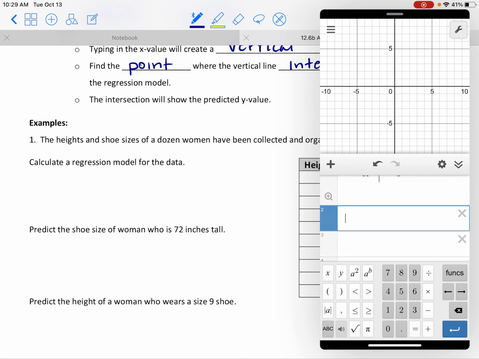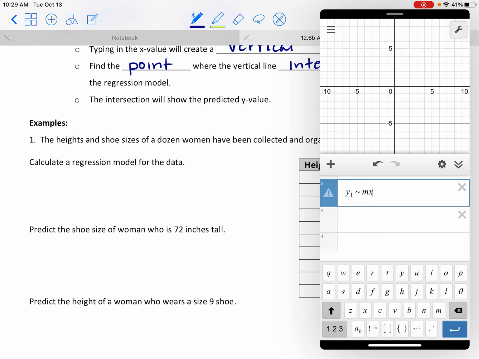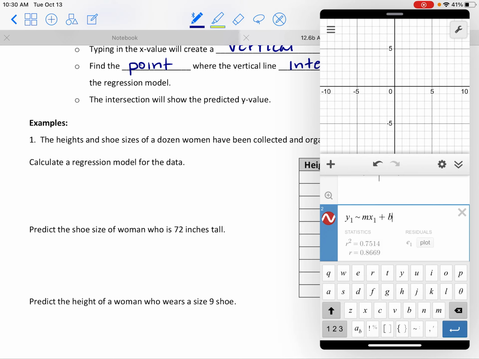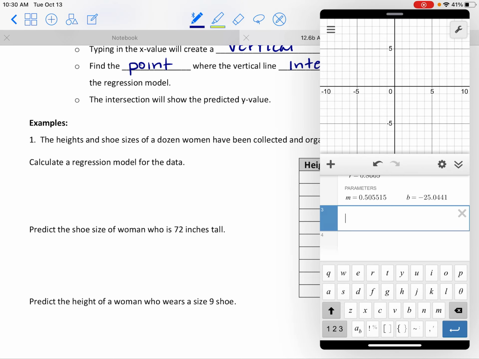Then in another line, we're going to calculate both the linear and the exponential and decide which one is going to be better. The linear is going to be y1 tilde mx1 plus b. And so we have an r squared of 0.75.